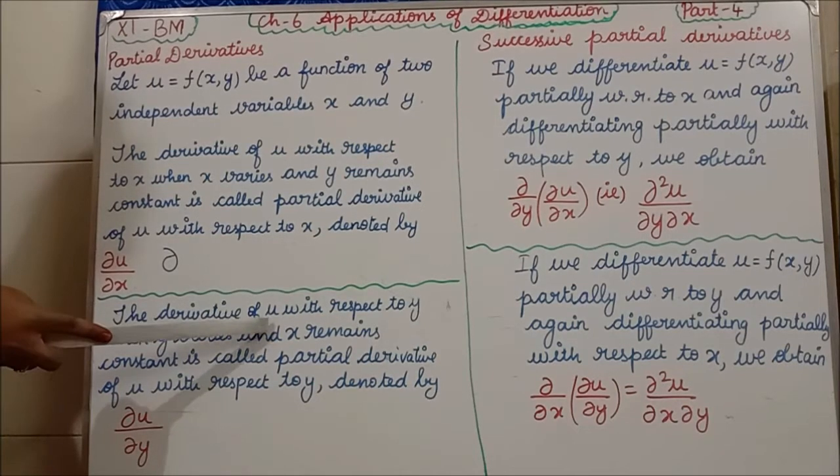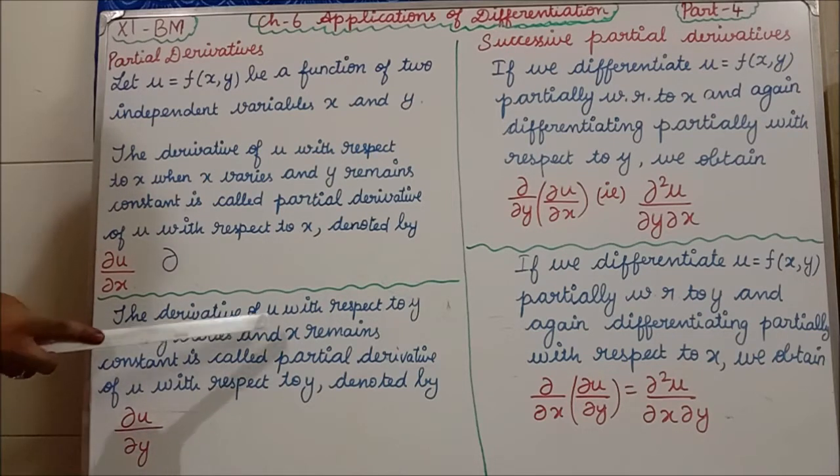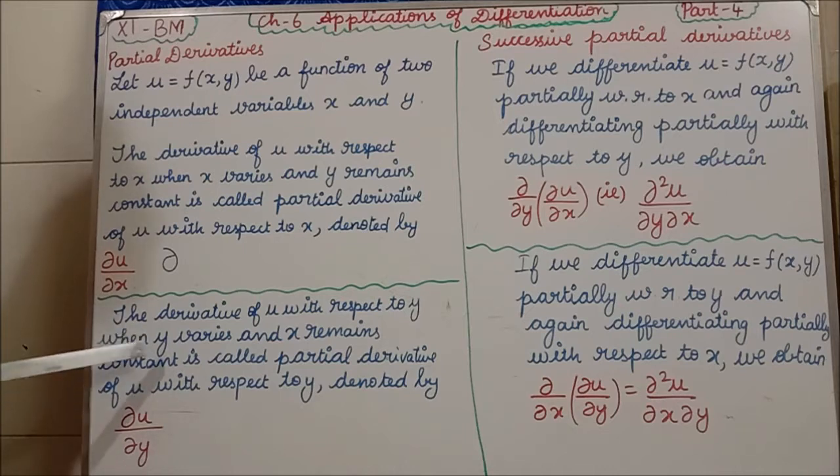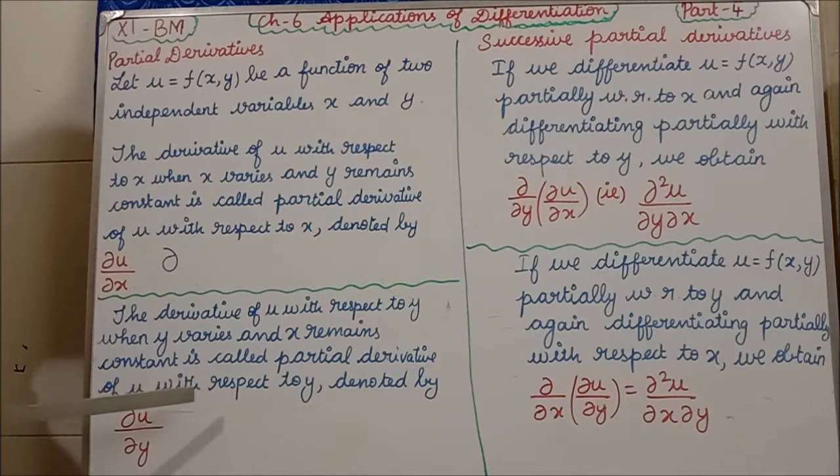The derivative of u with respect to y: when you are differentiating u with respect to y, y will be varying and x you have to keep as constant. This is called the partial derivative of u with respect to y and is denoted by dou u by dou y.